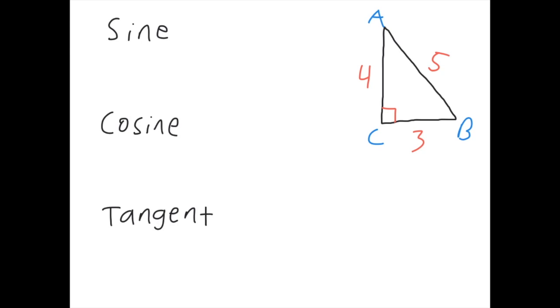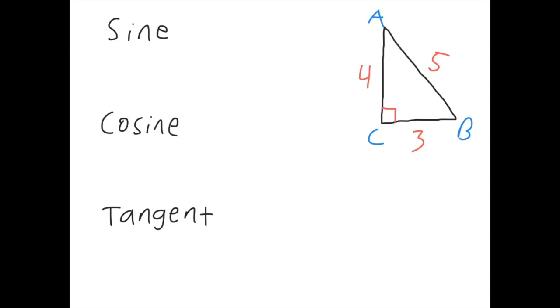So in this picture here, you can take the sine of A or the sine of B, the cosine of A, the cosine of B, the tangent of A, the tangent of B. We don't do anything to C because we already know what C is. C is a 90-degree angle, and so the sine, cosine, and tangent of 90 degrees, it's never going to change. It's always going to be whatever value it is.